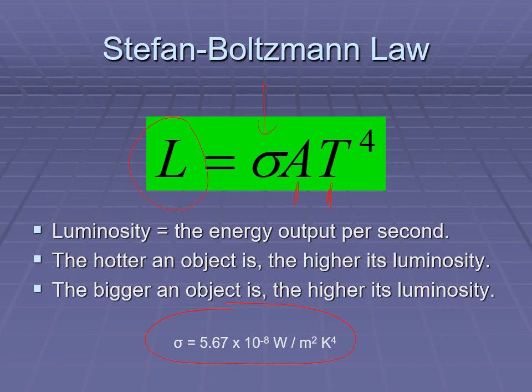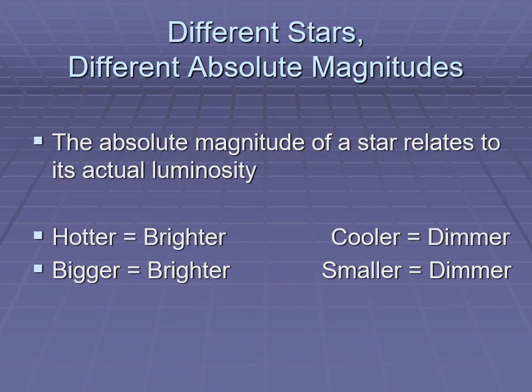We're not going to do it in this class, but you ought to know it is usable to figure out how much power is coming out. Or if you know the power coming out, then you can work backwards to figure out temperature. This is how some of these non-contact thermometers work. Okay, so different stars have different absolute magnitudes. Why? Well, if they're hotter, they're going to be brighter. Stefan-Boltzmann Law.